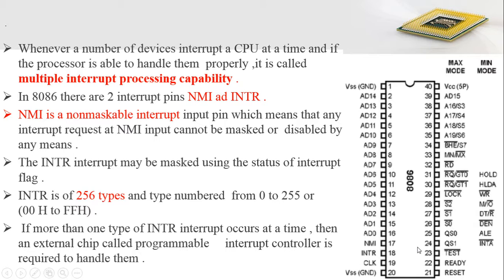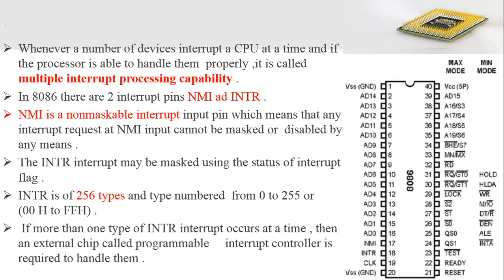If the value of the interrupt flag equals 1, then the processor needs to consider this request and execute the interrupt service routine relating to the type of the request arising at this 18th pin. So this is the case of maskable interrupt and this is non-maskable interrupt. These two are types of interrupt, maskable and non-maskable.